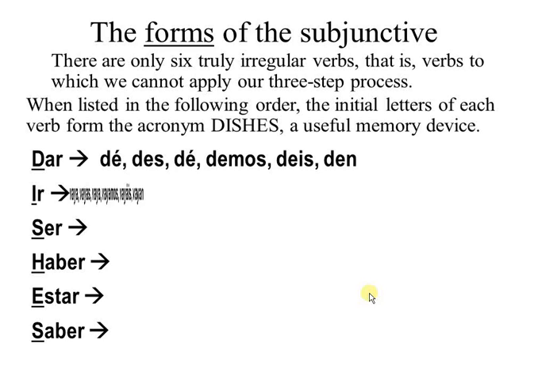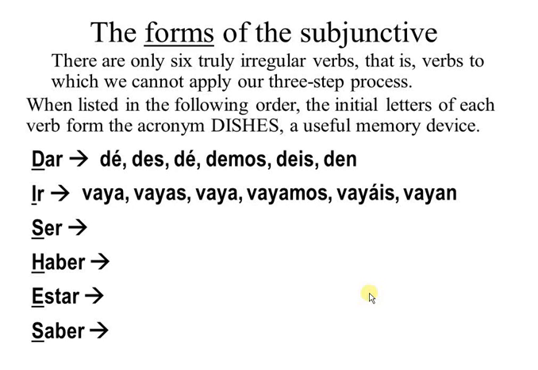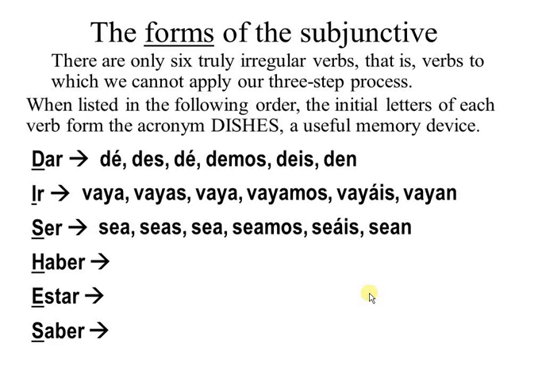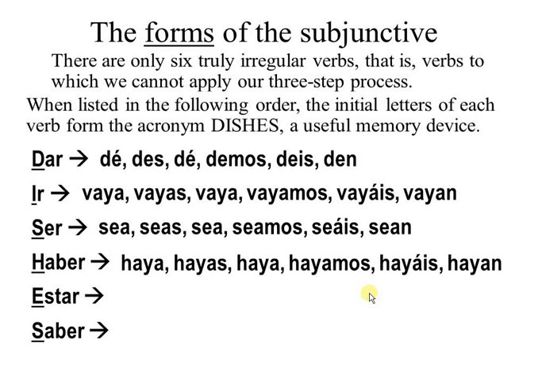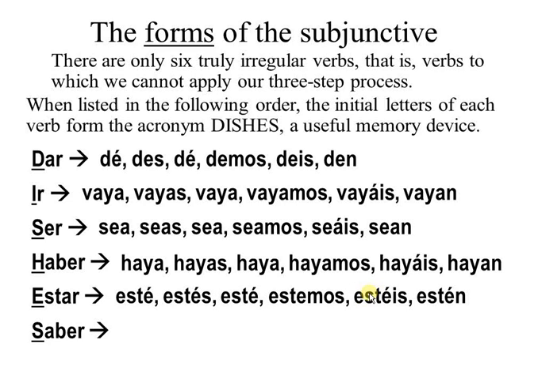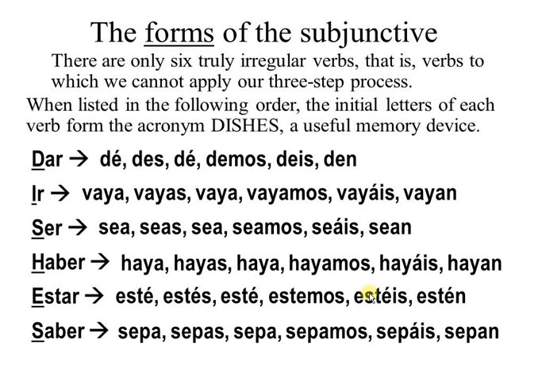De, des, de, demos, deis, den. Vaya, vayas, vaya, vayamos, vayáis, vayan. Sea, seas, sea, seamos, seáis, sean. Haya, hayas, haya, hayamos, hayáis, hayan. Esté, estés, esté, estemos, estéis, estén. Sepa, sepas, sepa, sepamos, sepáis, sepan.